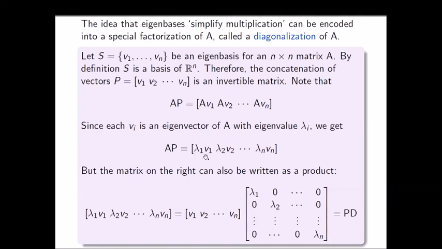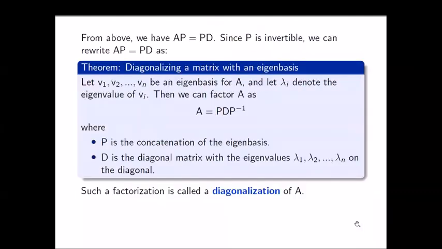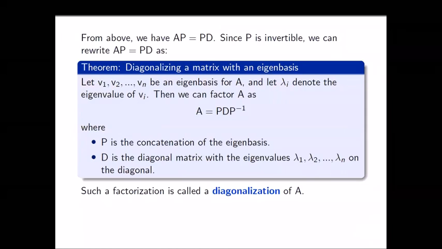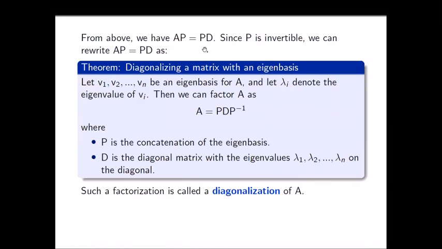So we can write this matrix as a product of P and this diagonal matrix D. What we conclude is that AP is equal to PD, and because P is invertible, we can multiply by P inverse on the right on both sides, and that gives us this theorem.